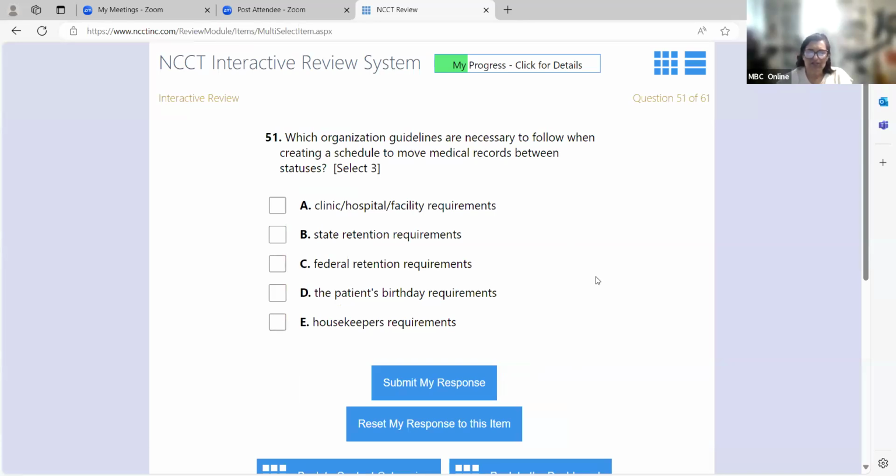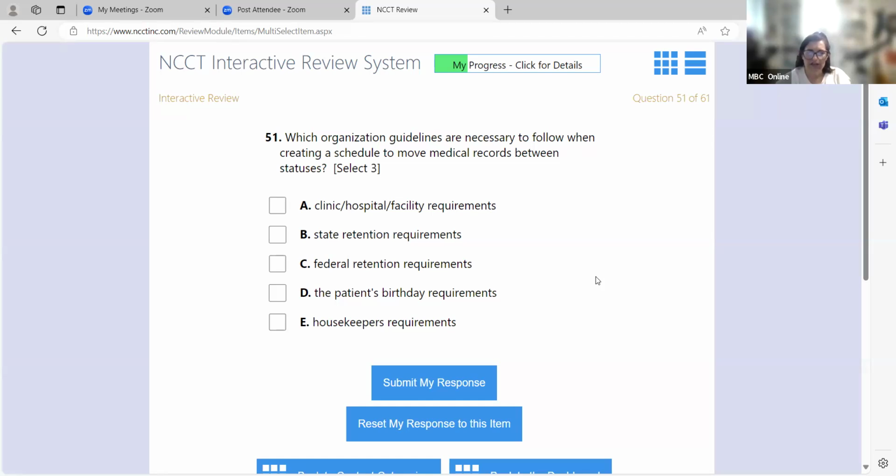Here's another select three. Which organization guidelines are necessary to follow when creating a schedule to move medical records between statuses? Clinic, hospital, or facility requirements, state retention requirements, federal retention requirements, the patient's birthday requirements, housekeeper's requirements.